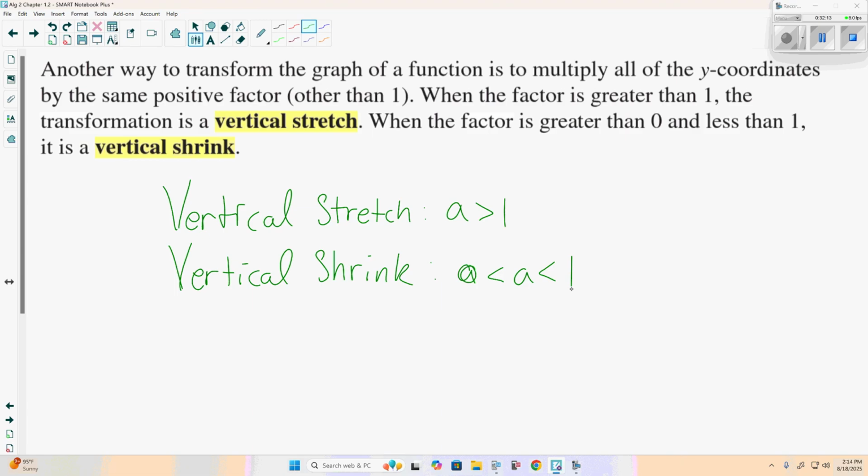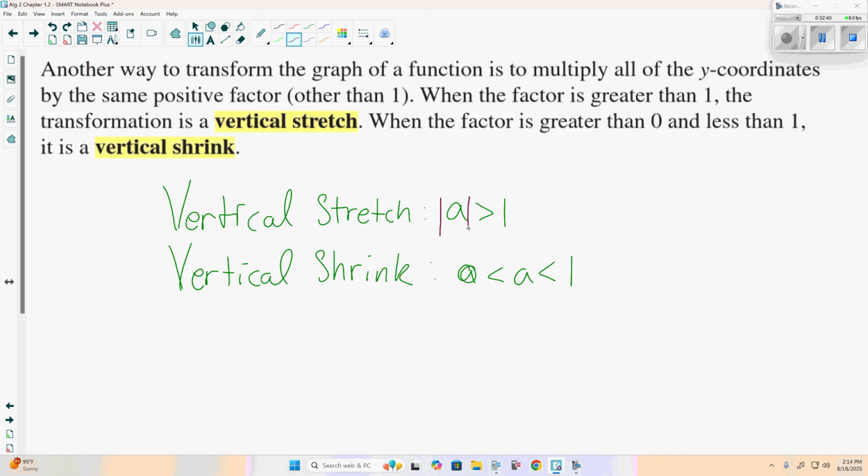Now with stretch and shrink, we're specifically looking at the number for a, not its sign. Because if that a is negative, that negative is attached to the reflection. The value, the number of a, is attached to stretch or shrink. The pure definition version would say if the absolute value of a is greater than 1, it's a stretch.